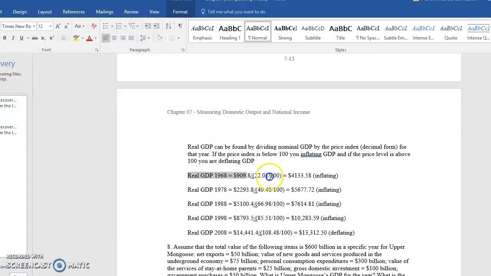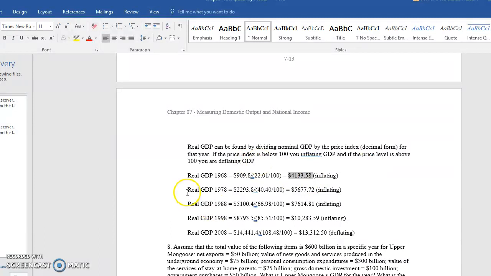Look at the real GDP for 1968. We have nominal GDP 909.8 divided by 22.01, and you can multiply all of this by 100. That will make the calculation easier. So real GDP for that year, when the base year price is 2005, will be 4,133.53.